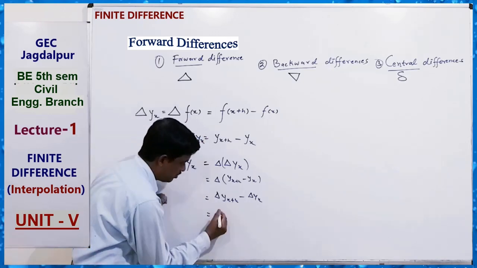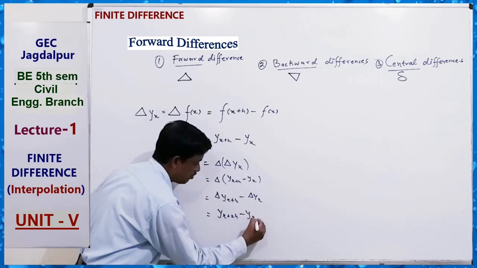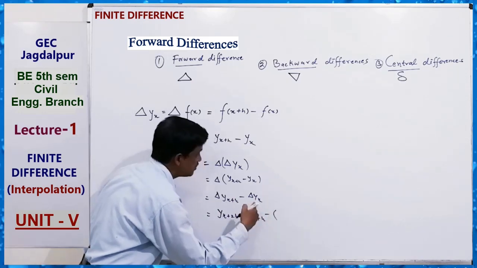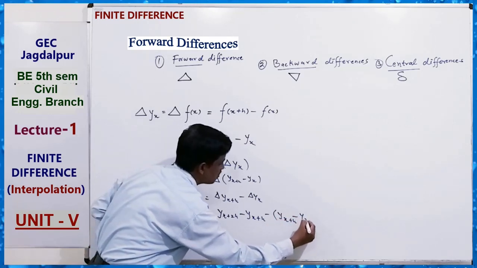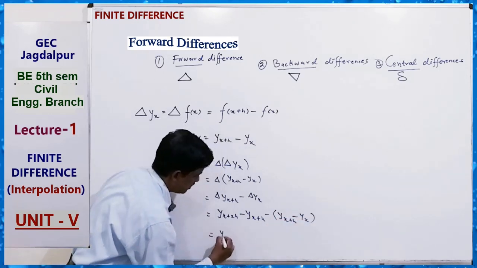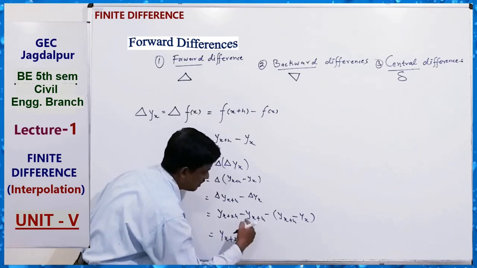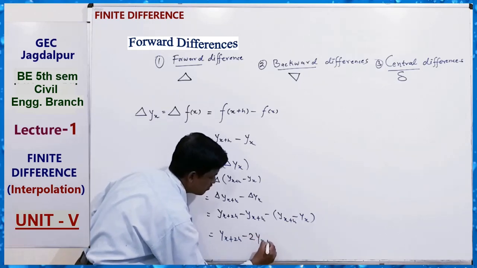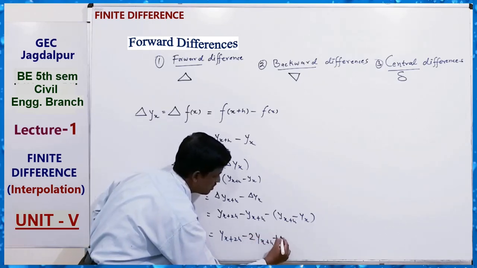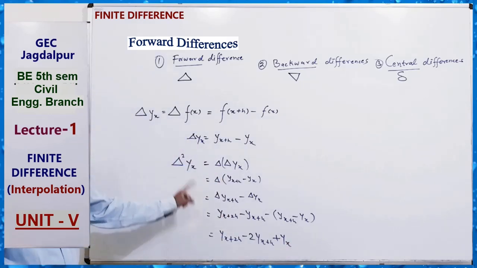That means y(x+2h) − y(x+h), and here y(x+h) − y(x). So it can be written as y(x+2h) − 2y(x+h) + y(x). This is the second order difference.